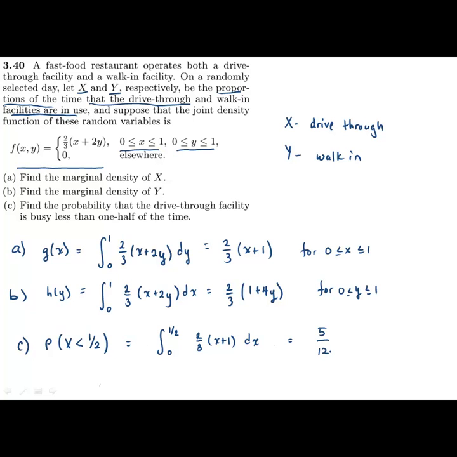Questions? Yes, sir. This one on part B, you didn't get the same. I got 1/3. Oh, yes. Let me see. Yes, it's 1 over 3. That's correct. So this should be 1/3.